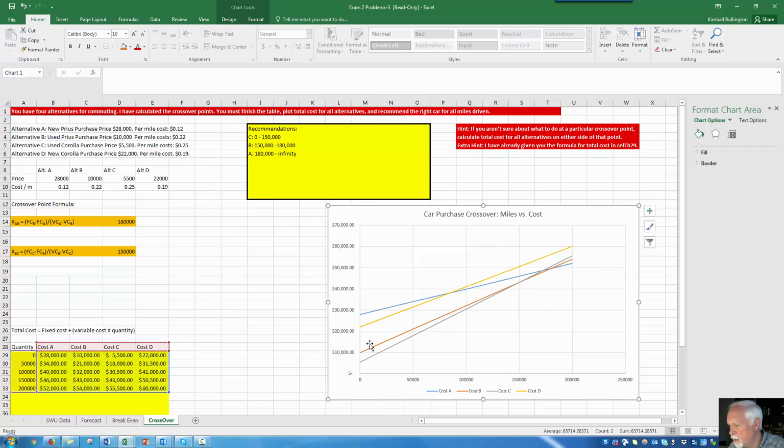So that's another way to look at how we make decisions with the crossover points. You could make them totally with these crossover calculations, but having the combination of the calculations and the chart is helpful.